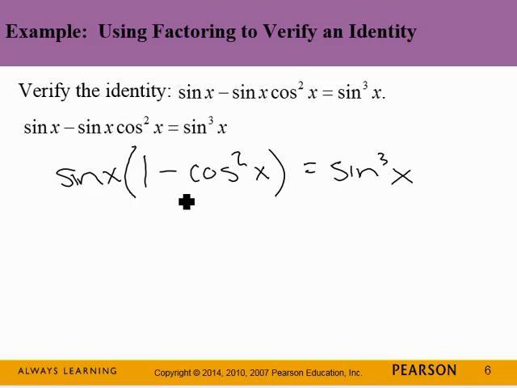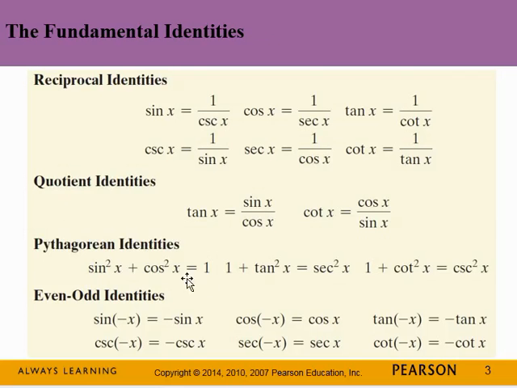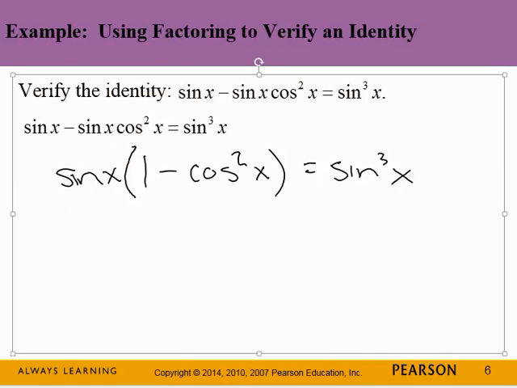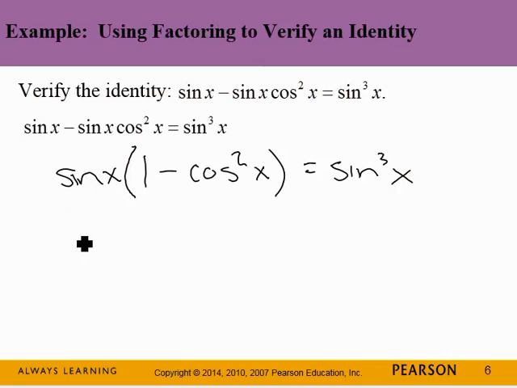You know from your Pythagorean identities that you can manipulate sine squared x plus cosine squared x equals 1. Subtract cosine squared x on both sides, so that 1 minus cosine squared x equals sine squared x. That means you have sine x times sine squared x.